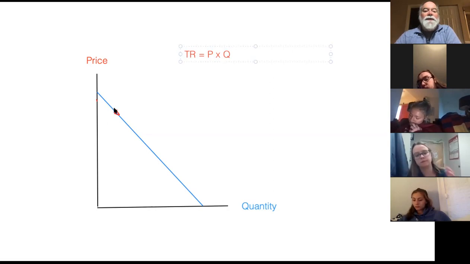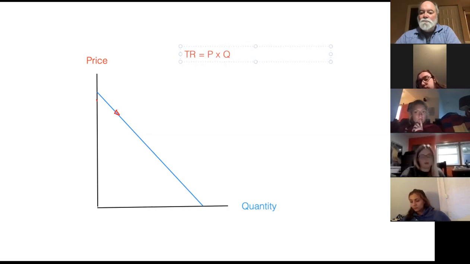Now, if we start at this point and we want to sell more quantity, what do we have to do? Lower the price. We have to lower the price. So think about this. We lower P to increase Q. When we lower P to increase Q, what happens to our total revenues?